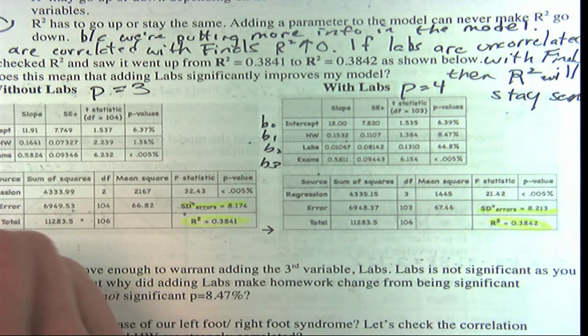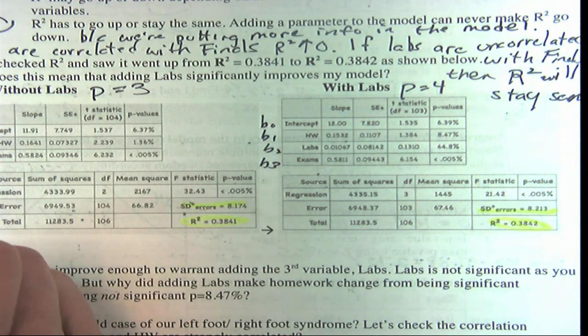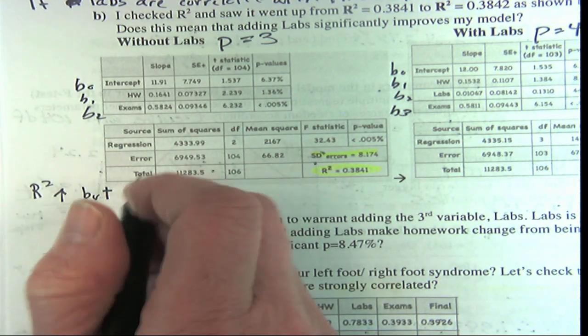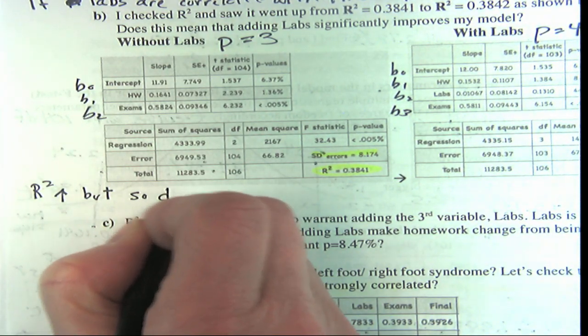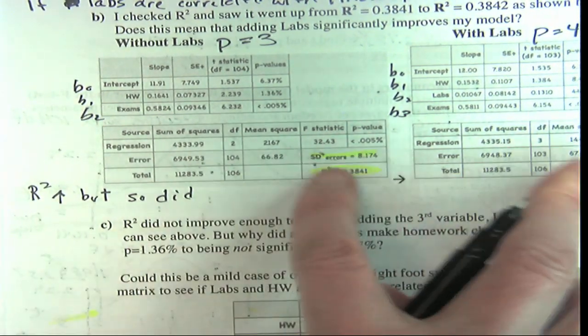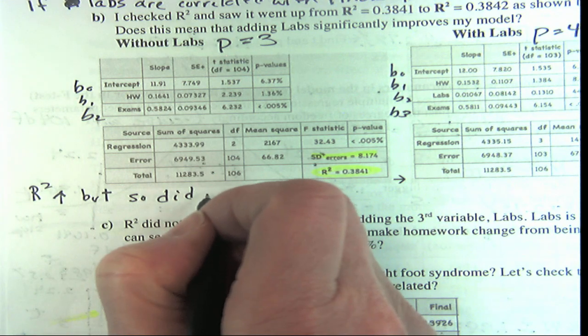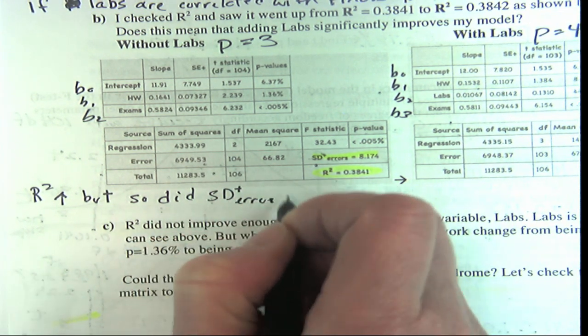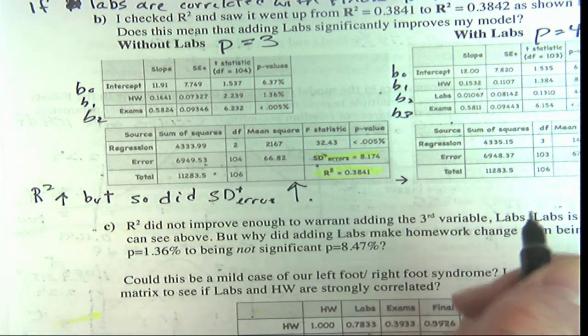R squared went up, which is good, but so did our errors right here, as measured by the SD plus errors. That went up too.